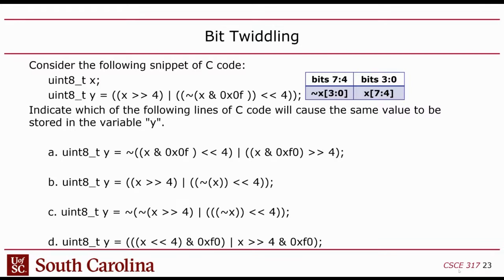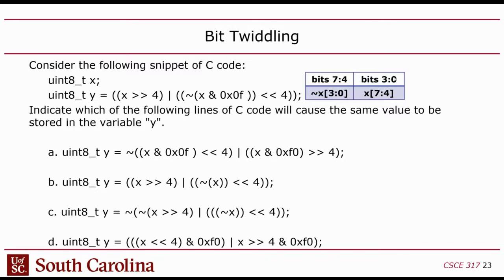Keep in mind these are 8-bit values, because they're declared as uint8_t. So this is going to take the upper 4 bits of x and put them in the lower 4-bit positions, by the first shift to the right. So bits 3 down to 0 in the new value will be x, 7 down to 4.